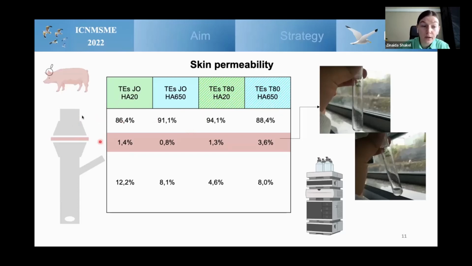The pink layer is what is retained in the skin, and the last column is what passed through the skin. We can see that most of our formulation on the top doesn't want to cross the skin barrier, but here we have a little bit of improvement, and we're going to work on that in the future.